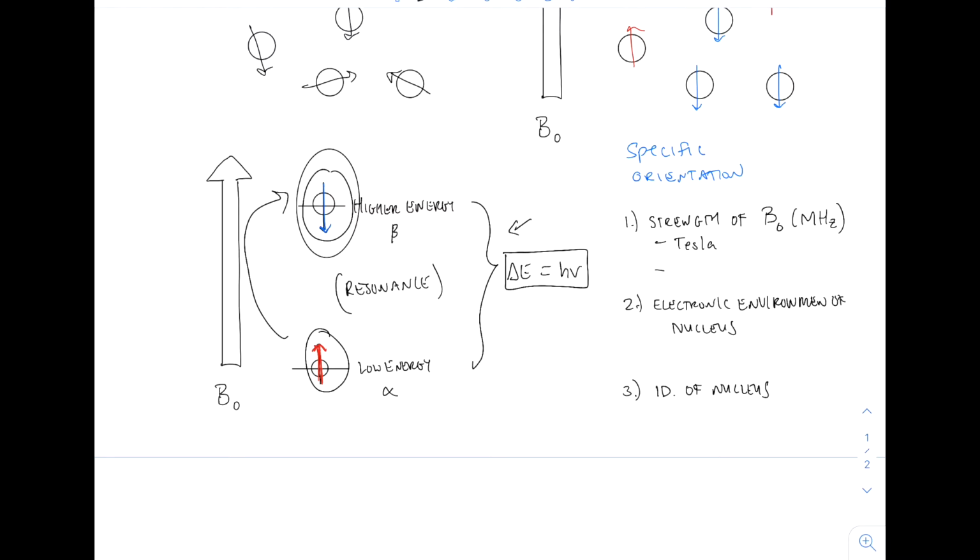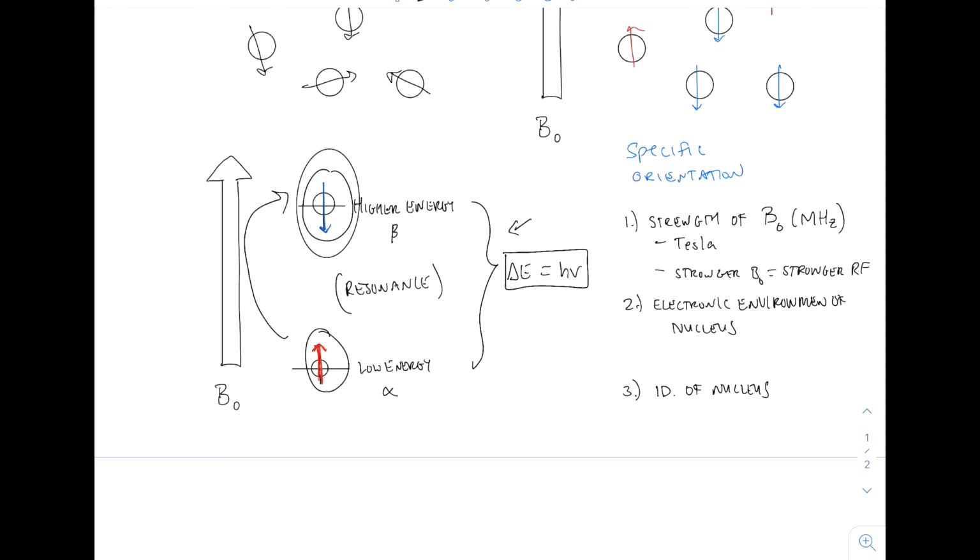Those are the units. Basically, the stronger the magnet, the stronger the radio frequency required. Stronger B naught equals stronger radio frequency required.